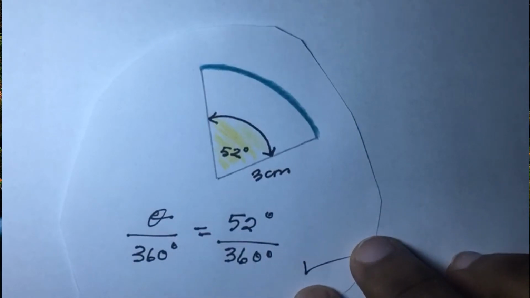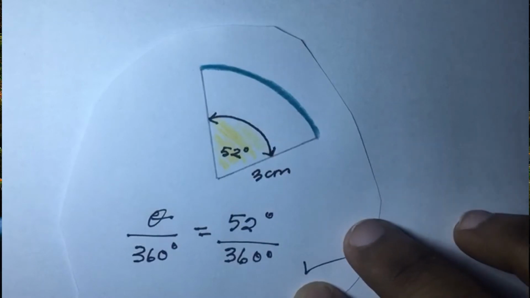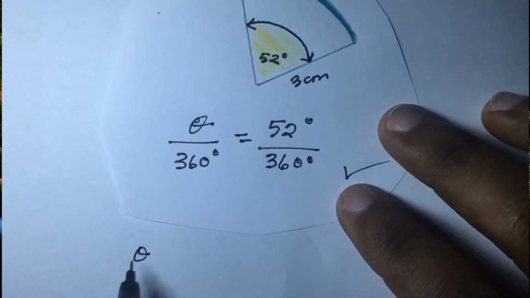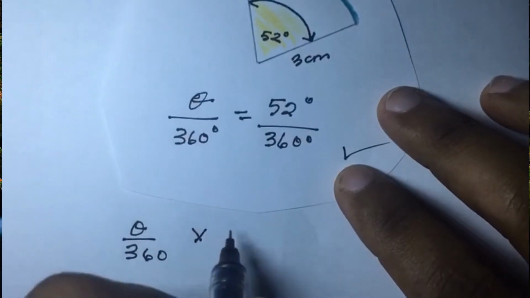Now, if I want to find out how much this arc measures, and remember the arc is just a piece of the circumference, I have to multiply this fraction. Let me write it out again. I have to multiply theta over 360 by the circumference.